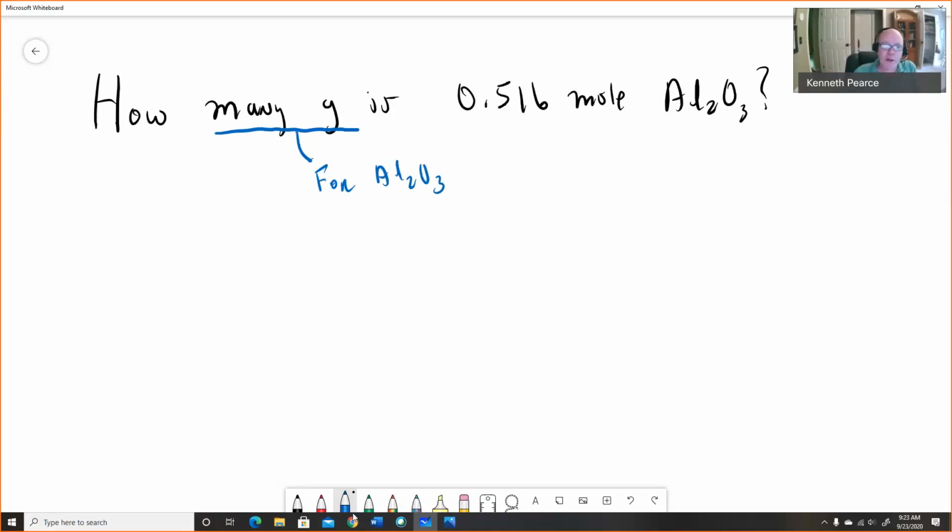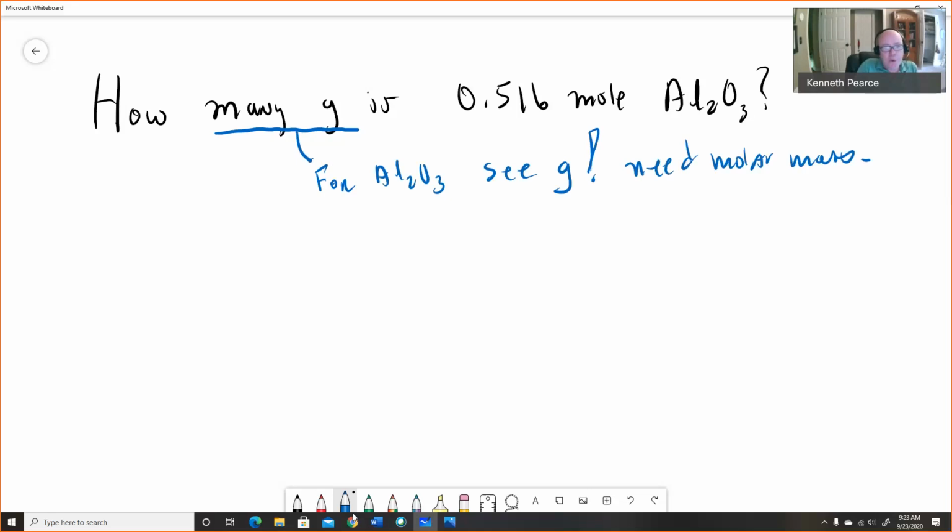There's only one thing up there, and that's for the aluminum oxide. And so I see grams. And what do I need? If I see grams, I need the molar mass for aluminum oxide. Okay, and so aluminum oxide, we already calculated it up.